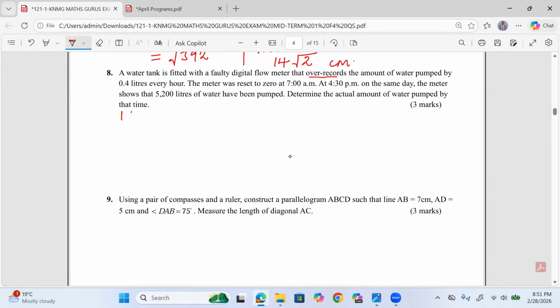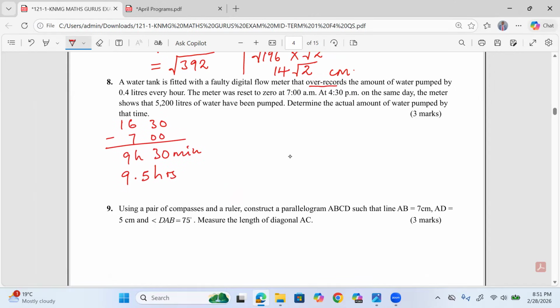From 7, we get 30 on the minute side and 9 on the hour side, meaning 9 hours 30 minutes is 9.5 hours of operation.